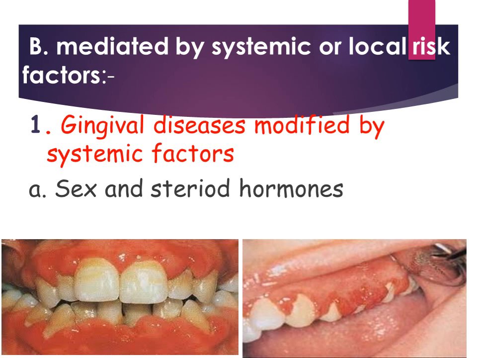In all these conditions, there is an exaggerated inflammatory response to the presence of even a small amount of dental plaque due to hormonal disturbance, either during puberty, from 11 to 16 years old, or during the menstrual cycle, during ovulation, or during pregnancy.